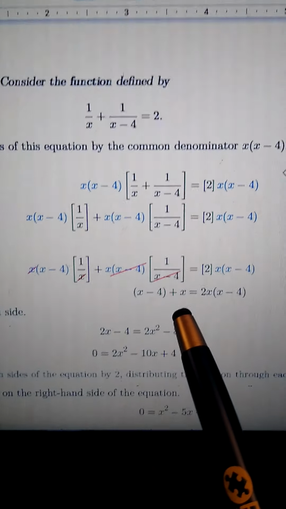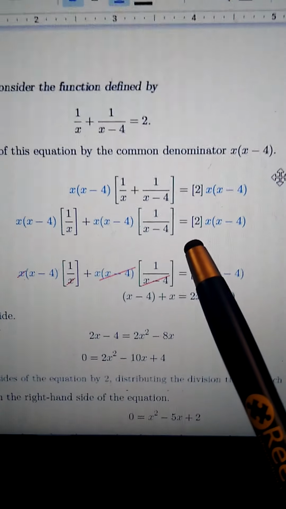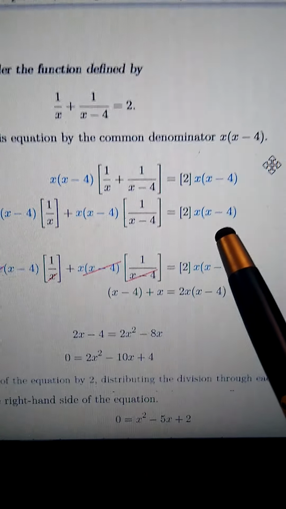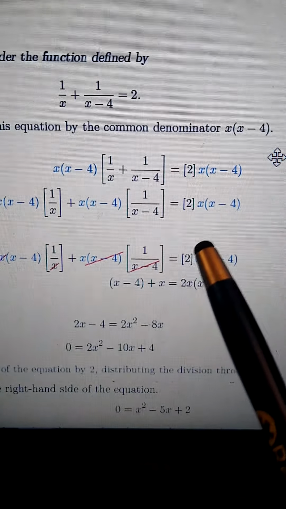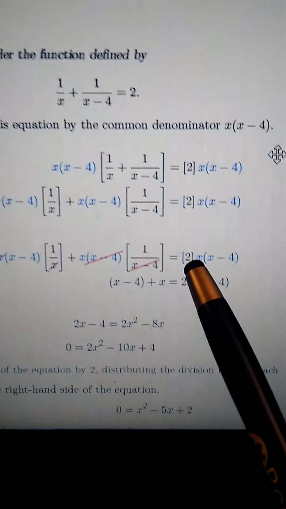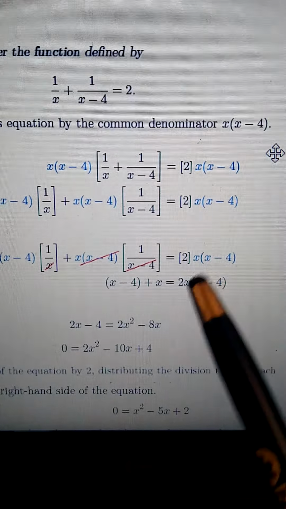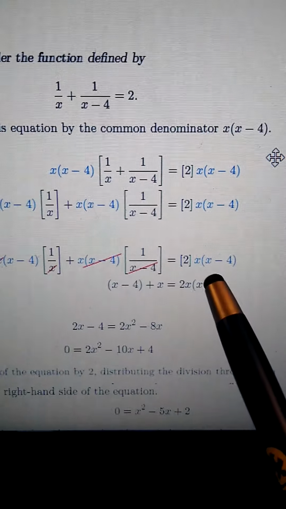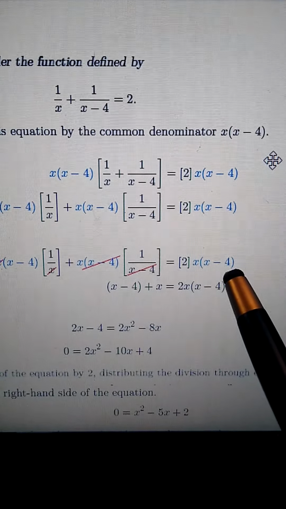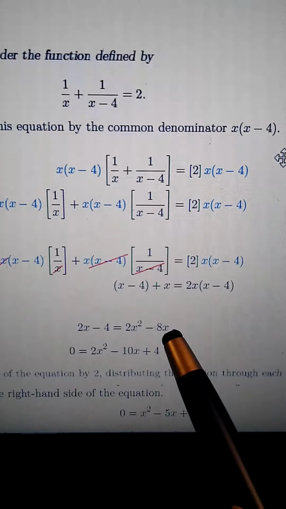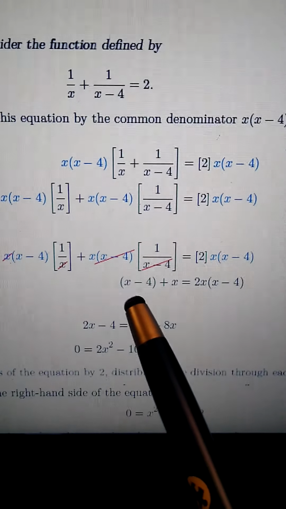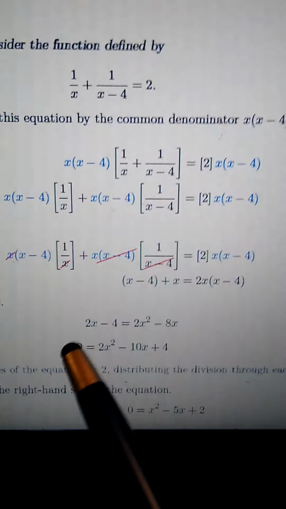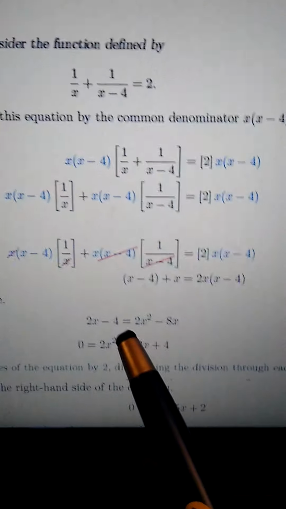So I have x minus 4 plus x. And then here I'm going to multiply everything by 2 and x. As I distribute that, 2x times x becomes 2x squared. 2x times negative 4 is negative 8x. So we combine like terms: x plus x makes 2x minus 4.